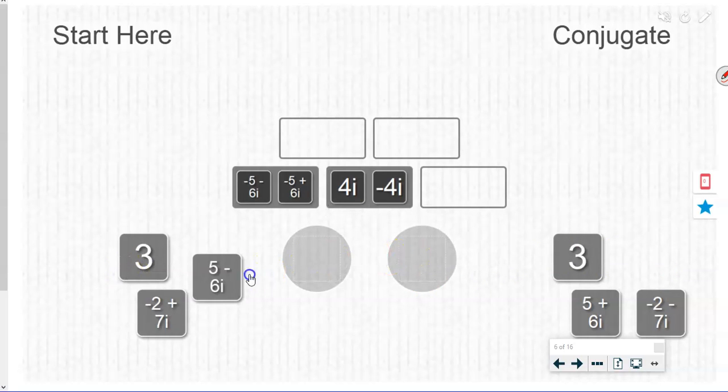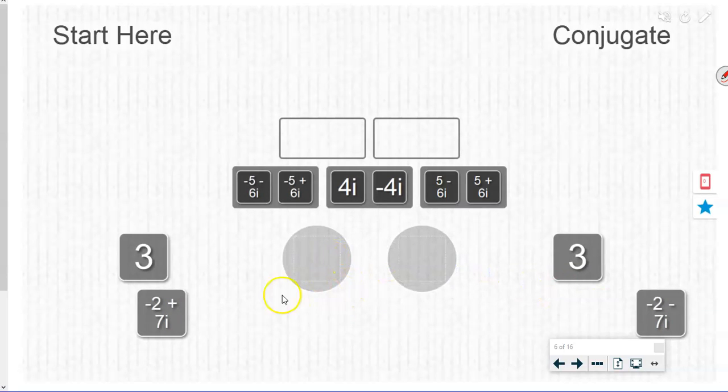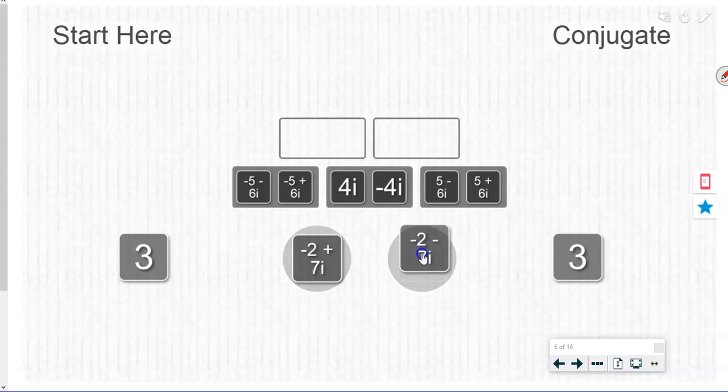Then we have 5 minus 6i, which is going to match with 5 plus 6i. And then we've got -2 plus 7i, which will match with -2 minus 7i.